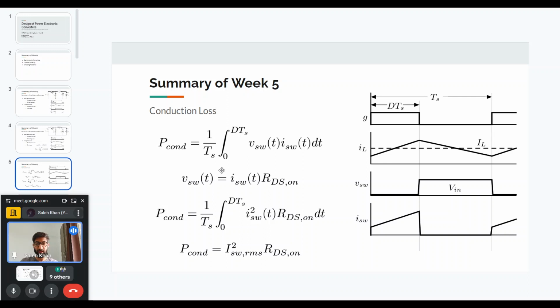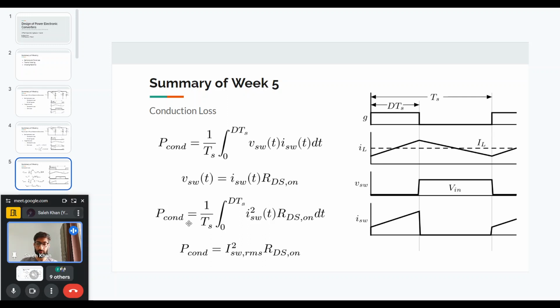And if we assume that the MOSFET has a particular RDS and the voltage across the MOSFET during its on time will be equal to the current that goes through the MOSFET times the RDS on of the MOSFET.